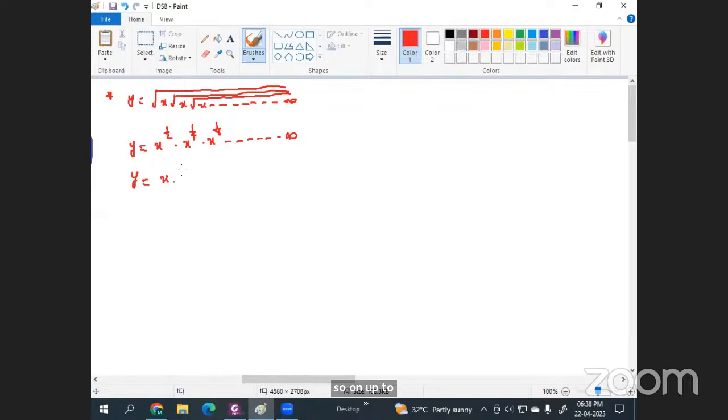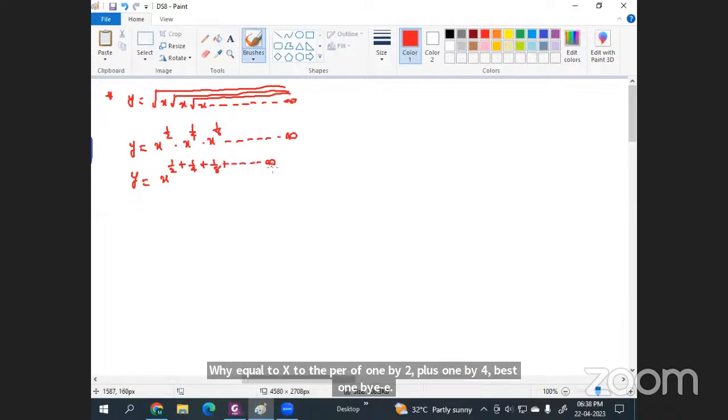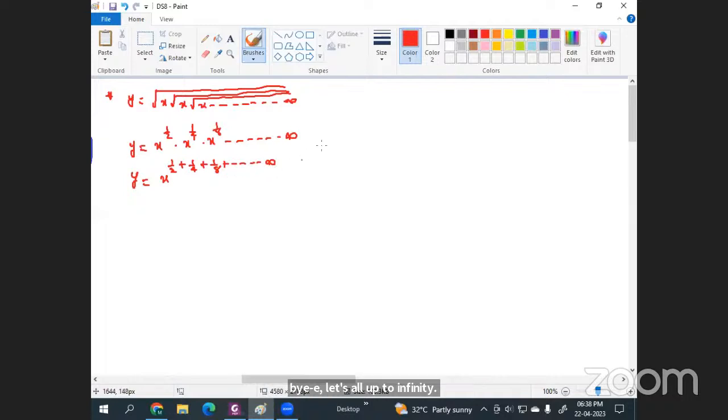So y equal to x to the power of 1 by 2 plus 1 by 4 plus 1 by 8 plus so on up to infinity. This is a geometric progression. So for a geometric progression, S infinity equals A by 1 minus R. Very important. A is 1 by 2.